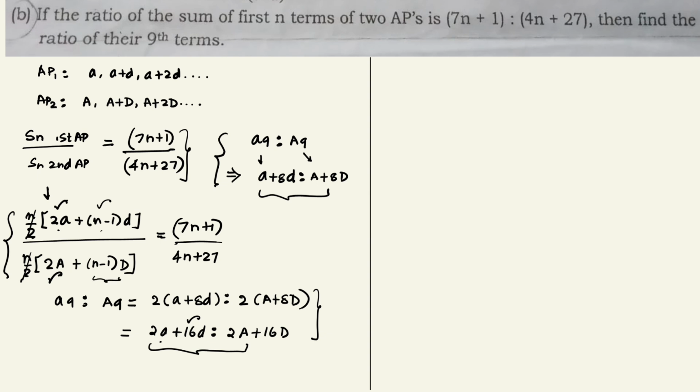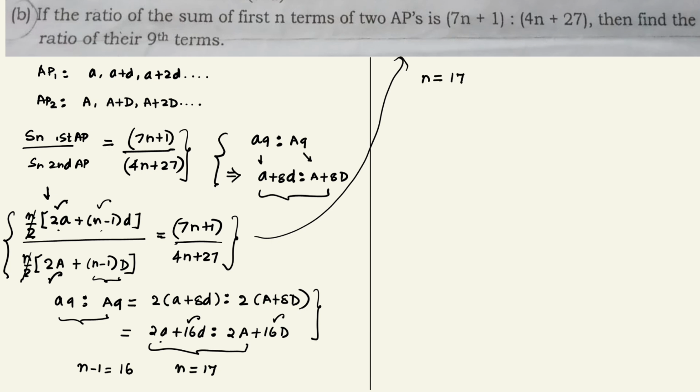N minus 1 into capital D, 16 capital D. So clearly, if we substitute n minus 1 to be equal to 16, n becomes 17. So now we have a value to be substituted in place of n so that we can arrive at a9 is to capital A9. Using this ratio, I'm going to take n equal to 17.